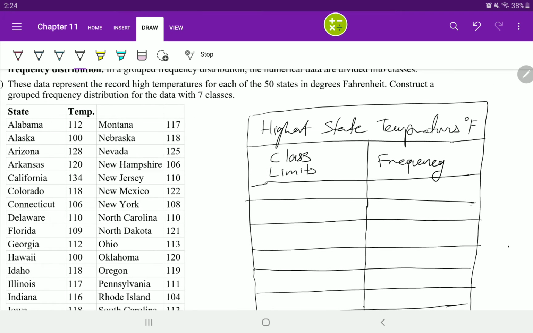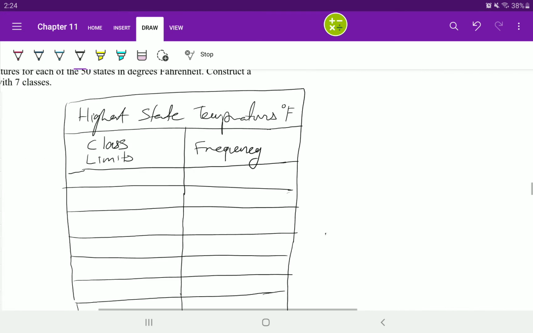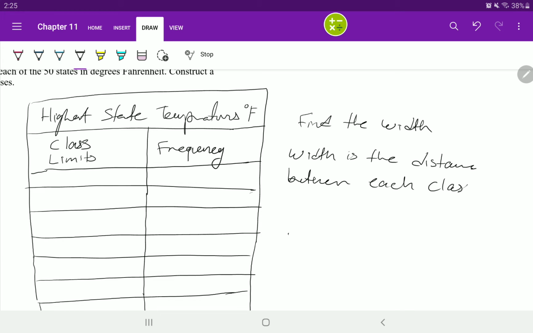Okay. Now, before we create our grouped frequency distribution, we need to find something that is very important. We need to find the width. And the width is the distance between each class.